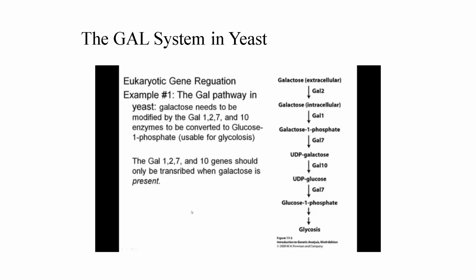Now, just like in bacteria, we want these genes only to be transcribed when galactose is present. Only when this energy source is present should we bother to make all of these proteins that are required for the metabolism of galactose.